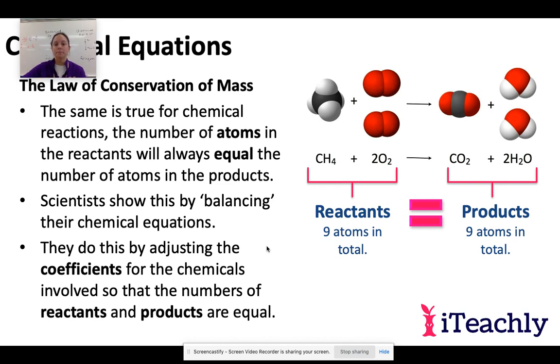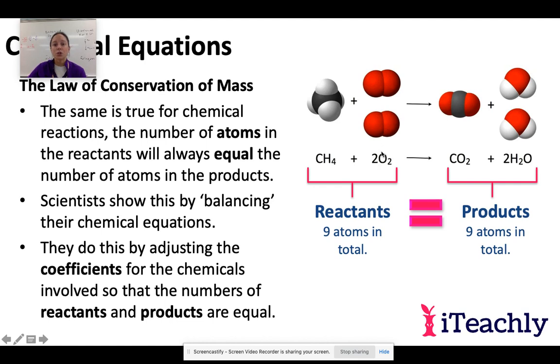So let's look at this. Notice this diagram. I have 1 C, here's your carbon with 1, 2, 3, 4 hydrogens. This is a model to represent methane, CH4.